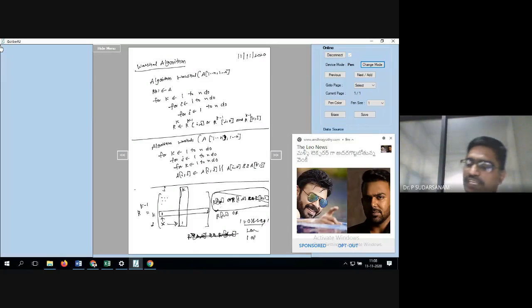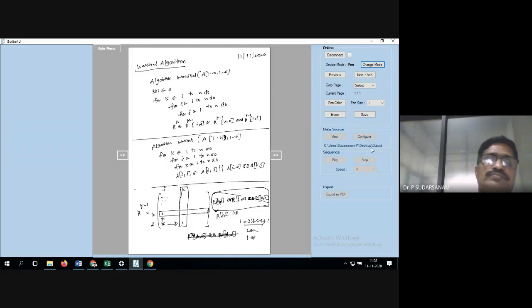Any difficulty to write? Others? Just see here, A of i comma j is equal to, in general, this location to this location, or this location to this location.